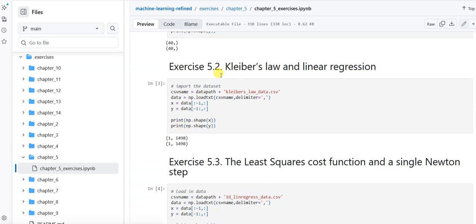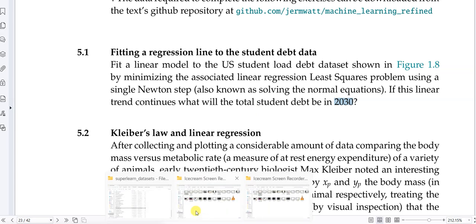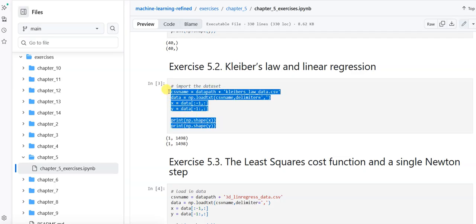Now similarly the second question here. What we did here is we checked only how to load the path.